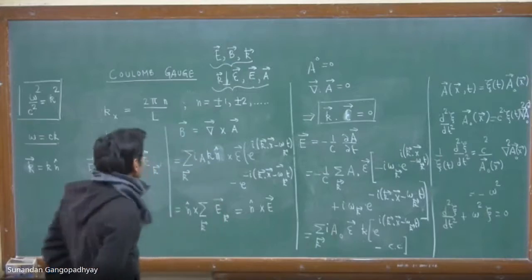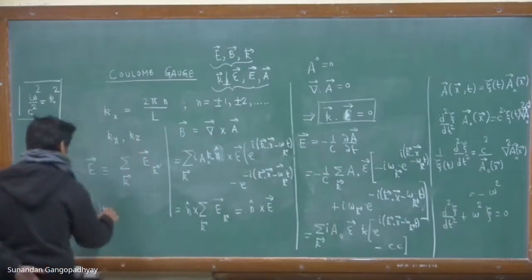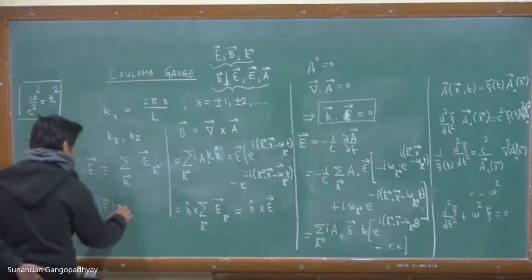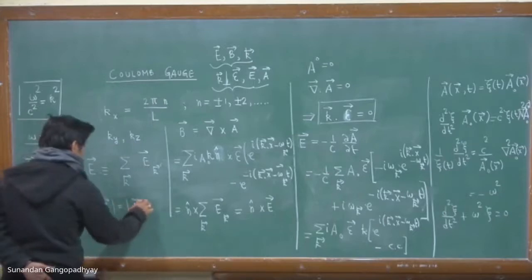And also you can see from here that the modulus of E vector is equal to the modulus of B vector.